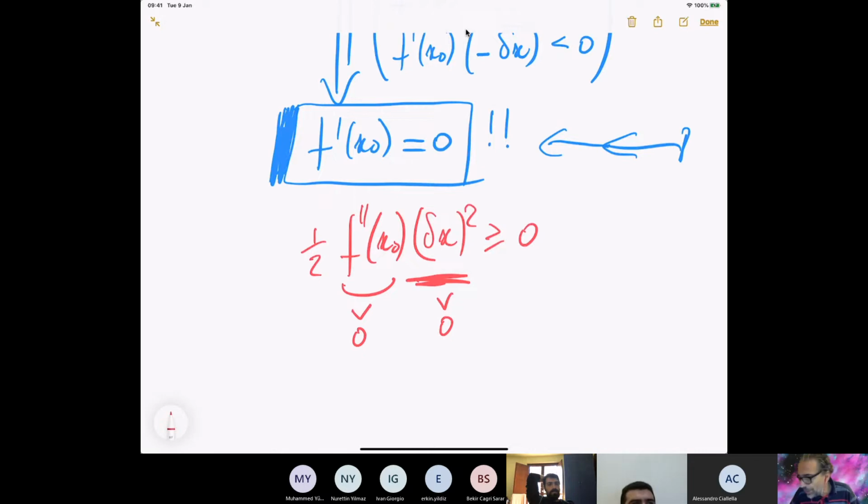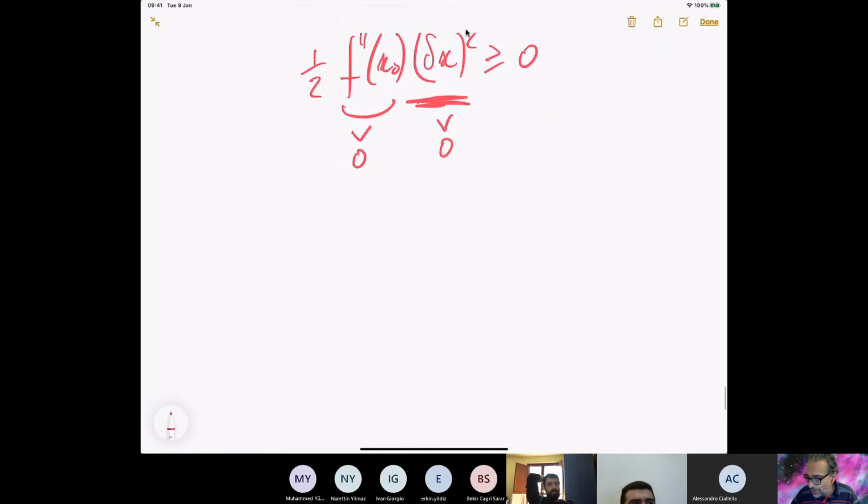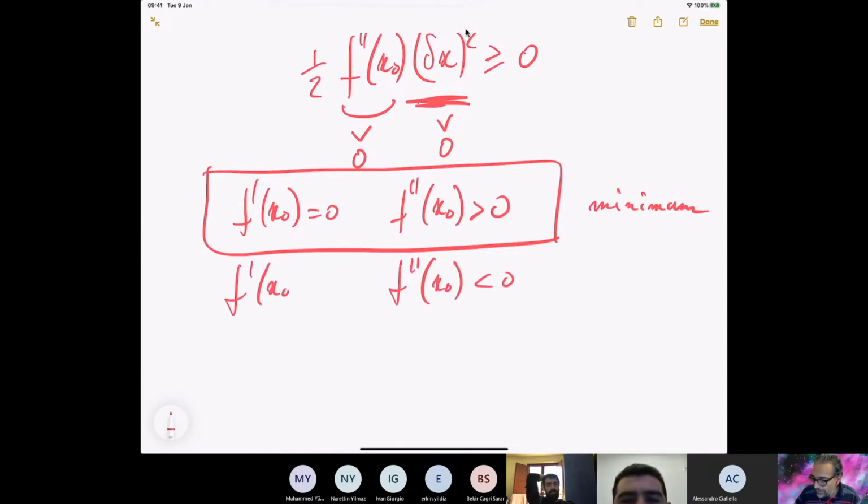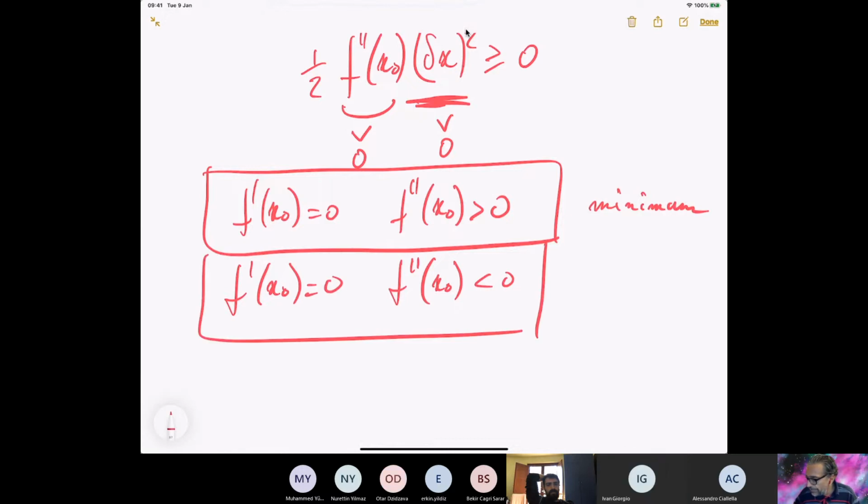Okay. So what you have proven is that a minimum is characterized by this condition: f prime of x0 is equal to 0, and f second of x0 is greater than 0. This is a minimum. Then you have learned that you have also a maximum if this second derivative is negative. Okay?